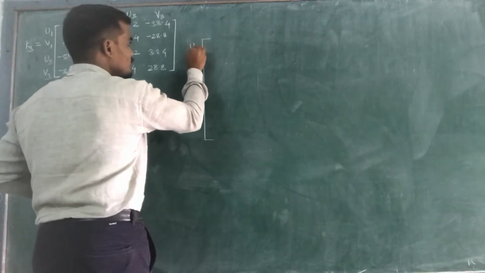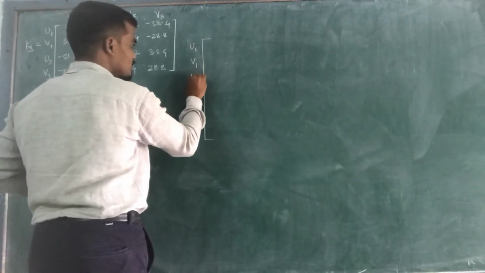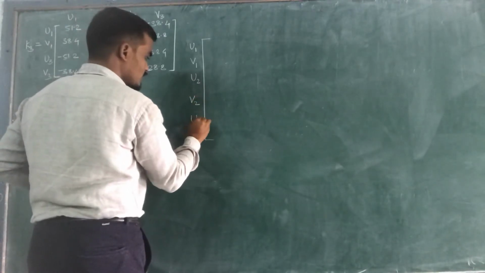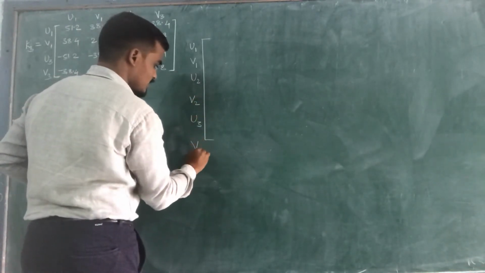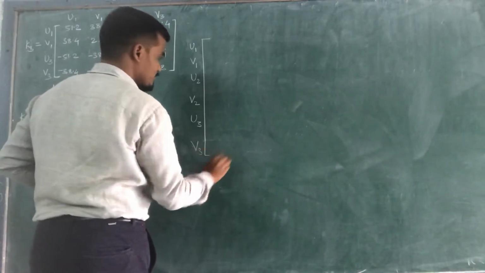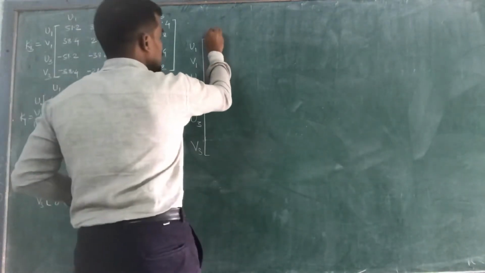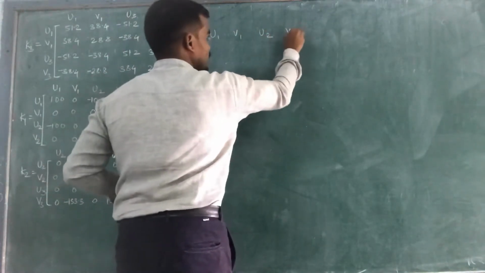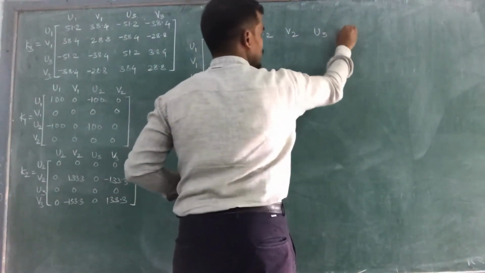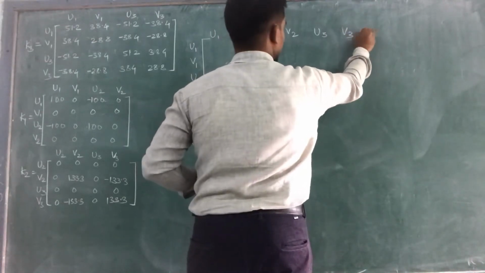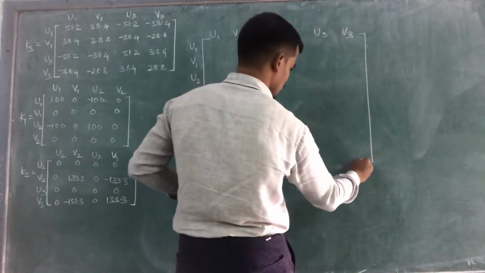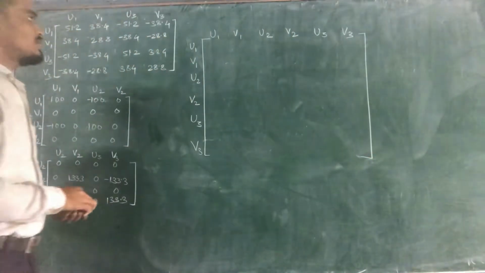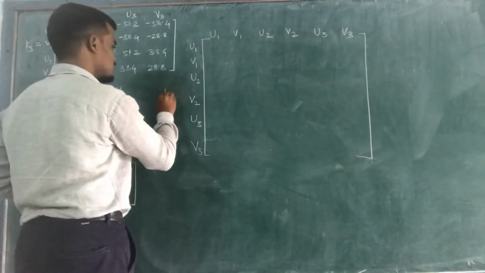So U1, V1, U2, V2, U3 and V3. Similarly, U1, V1, U2, V2, U3, V3. This is the connectivity of the global stiffness matrix for these 3 elements.